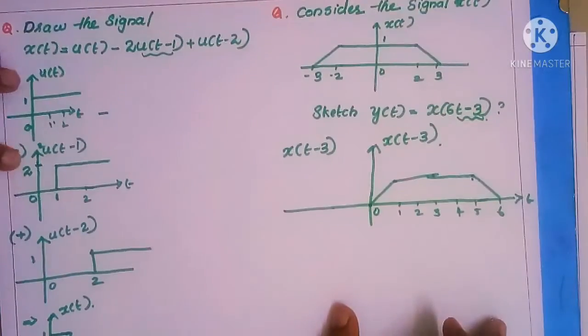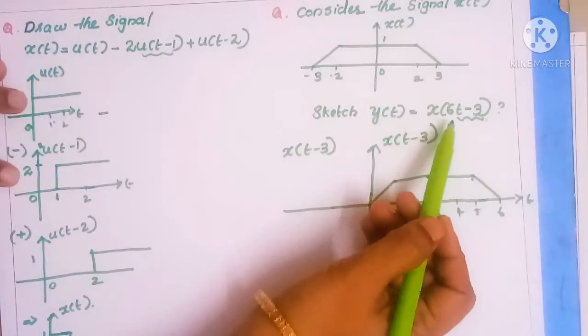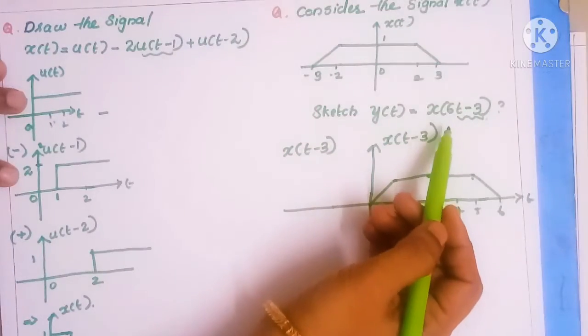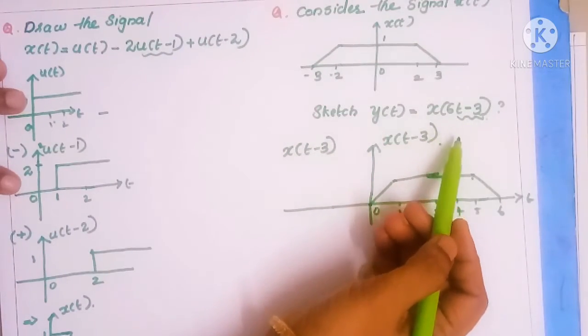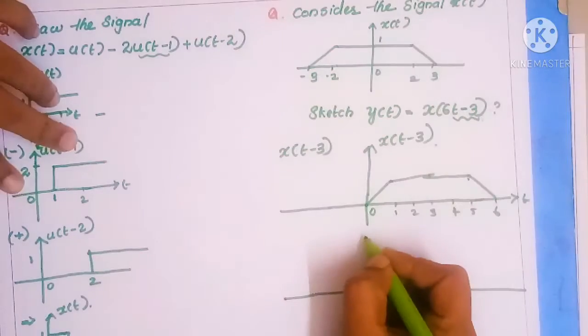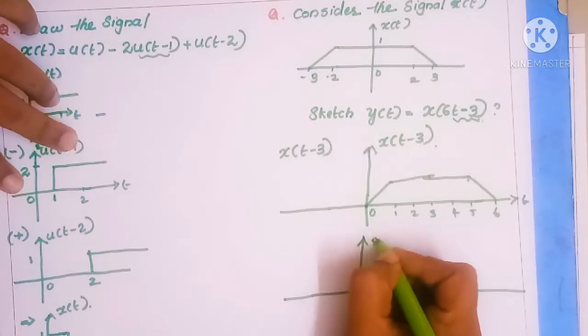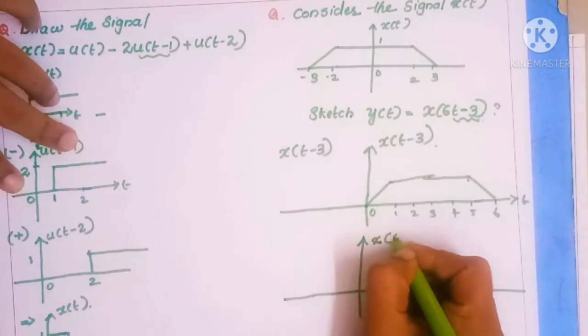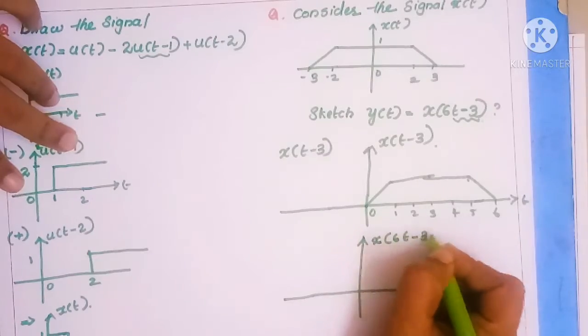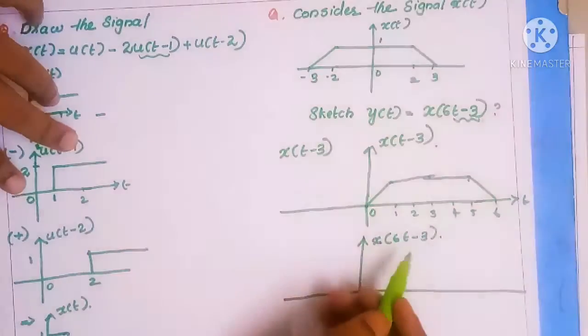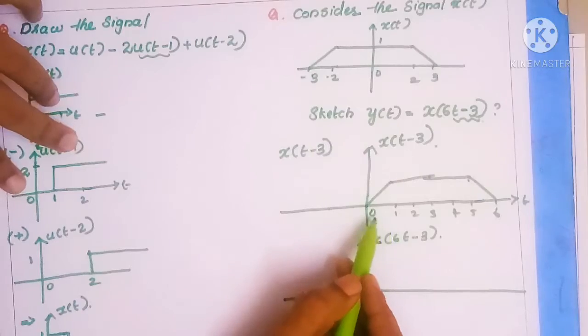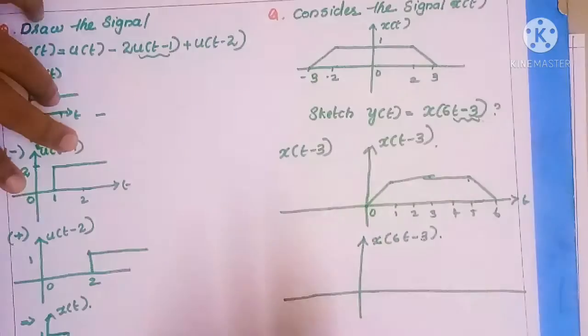Okay. Next we need to apply the scaling operation. That means x of 6 into t minus 3. To find out the time positions, we can take each time value of this input signal.